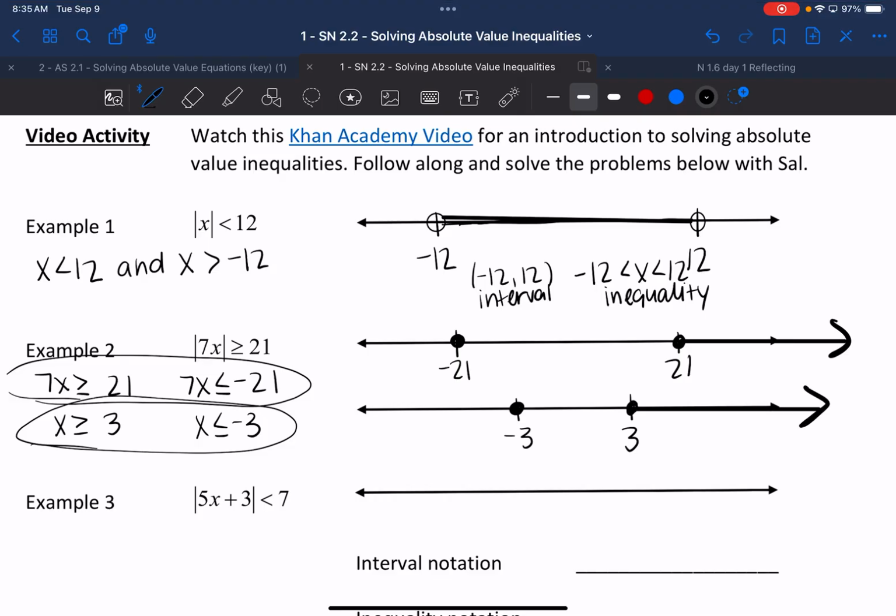Okay, and then for my negative solutions that we found, negative 21, negative 3, x was less than those values, right? So from our negative values, we were headed to the left. So these don't have an intersection, right? These don't overlap. So this is not one of those and scenarios. This is an or, right?